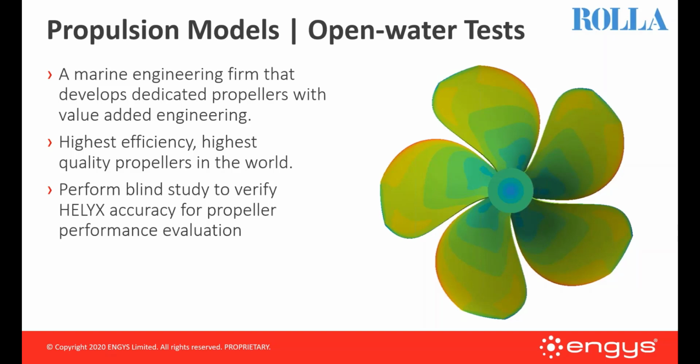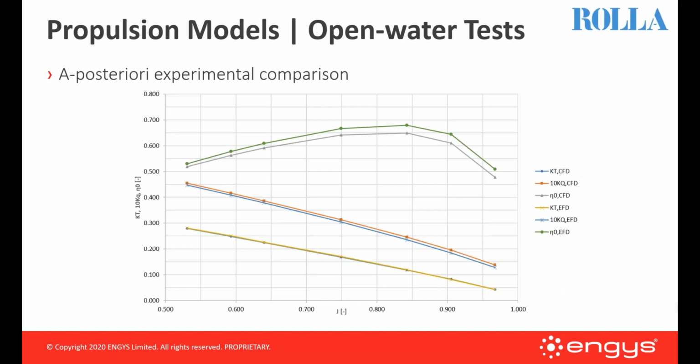So the idea was to get the geometry from the client and perform a blind study to evaluate the HELYX accuracy using a full propeller model and also just one sector model for one blade to compare against the experiments.